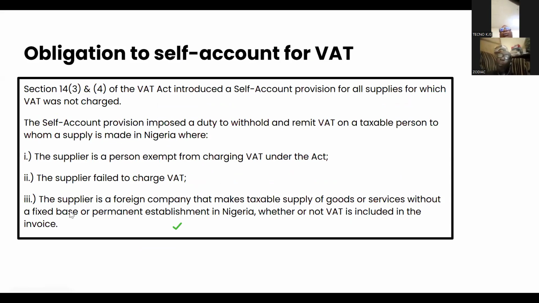Please proceed. All right. Section 14, subsections 3 and 4 of the VAT Act introduced a self-account provision for all supplies for which VAT was not charged.